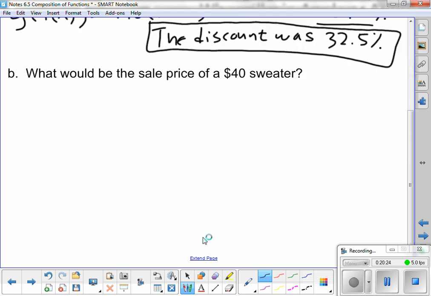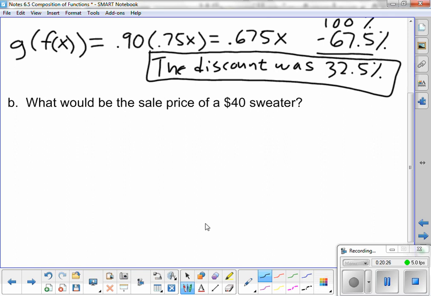Now it asks us, what would be the sale price of a $40 sweater? So we know g of f of x, and the sweater costs $40. So we're taking g of f of x, but instead of putting x, we're putting 40 in there. Now we already know what this function becomes.